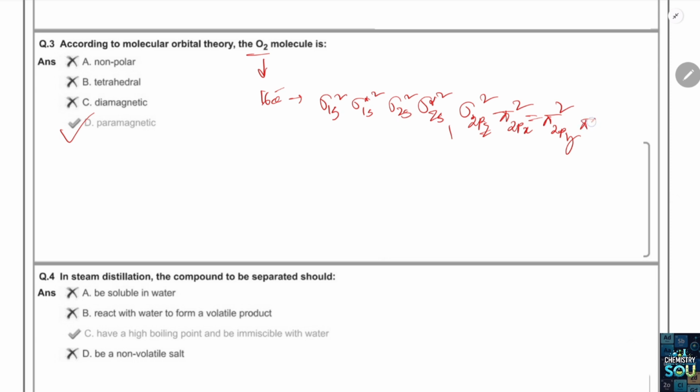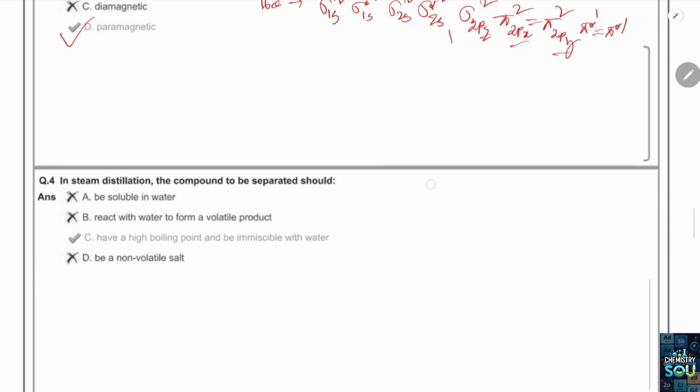After that the pi star 1 equals pi star 1 for both orbitals, so this is a paramagnetic compound.